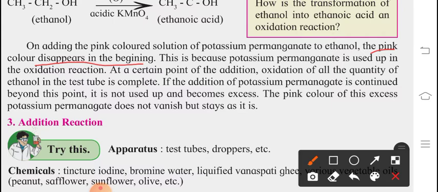If the addition of potassium permanganate is continued beyond this point, it is not used up and becomes excess. The pink color of this excess potassium permanganate does not vanish but stays as it is. When it stays, we have to keep adding potassium permanganate again and again. When it is in excess, that time it stays as it is.